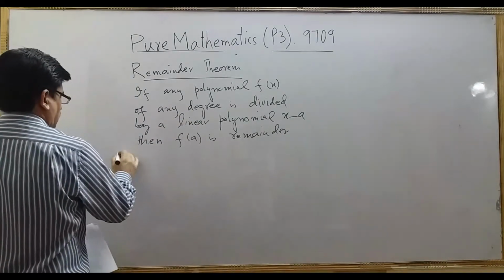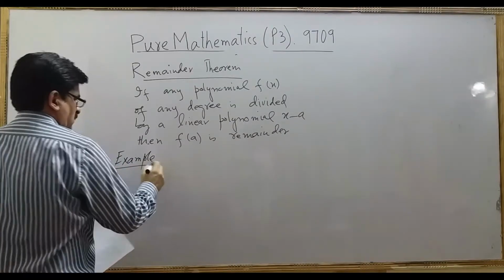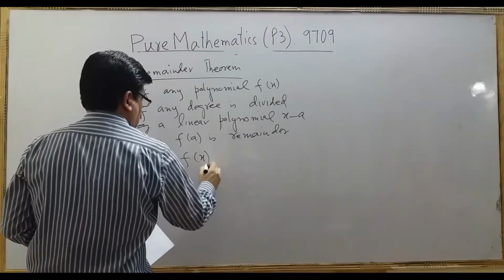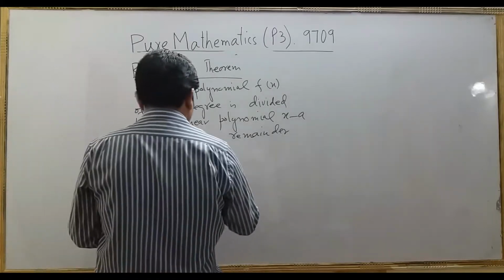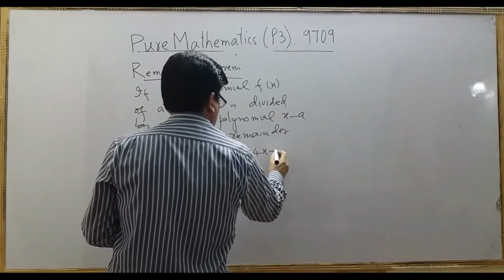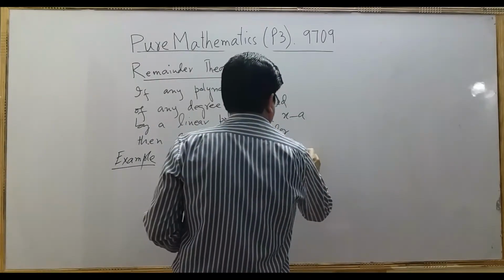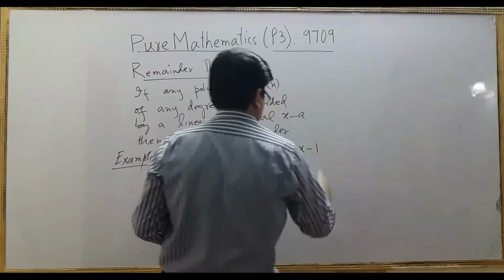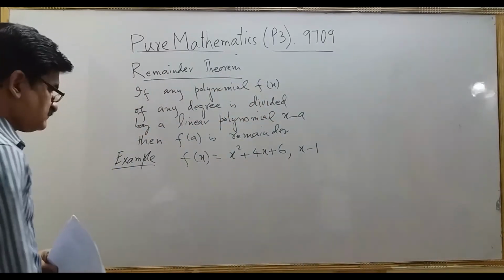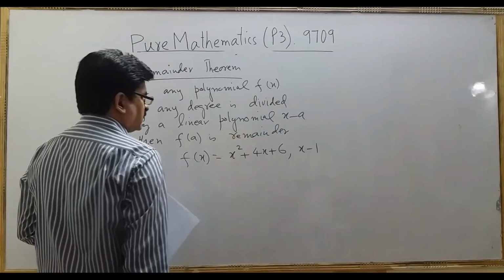For example, I have f(x) equal to, plus 6. It is divided by, suppose, x minus 1. How will you find the remainder?